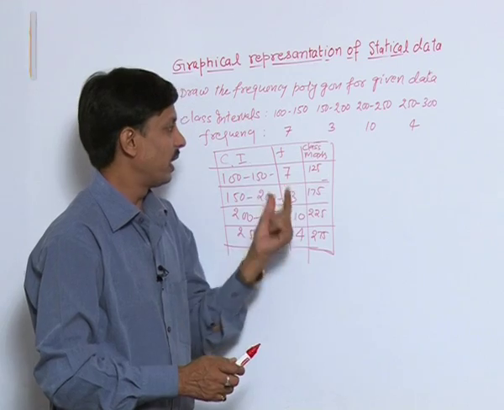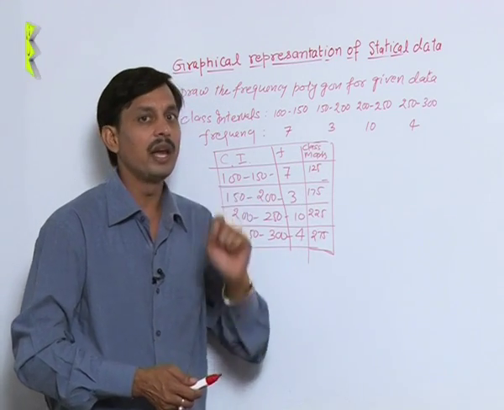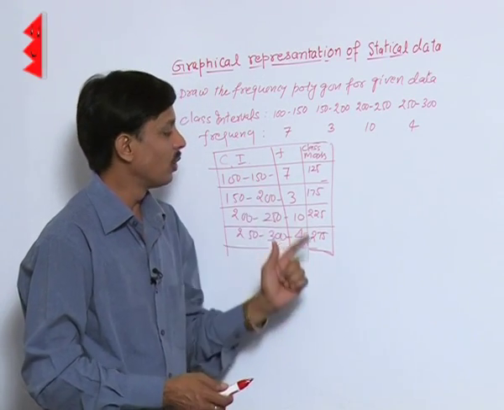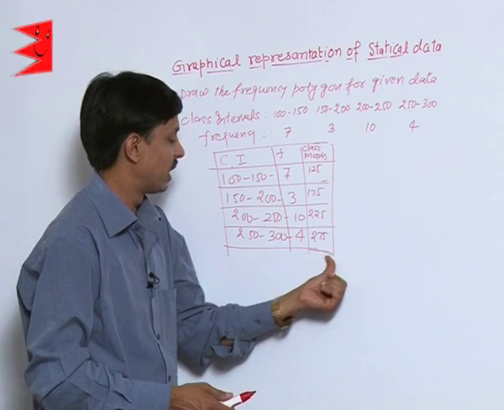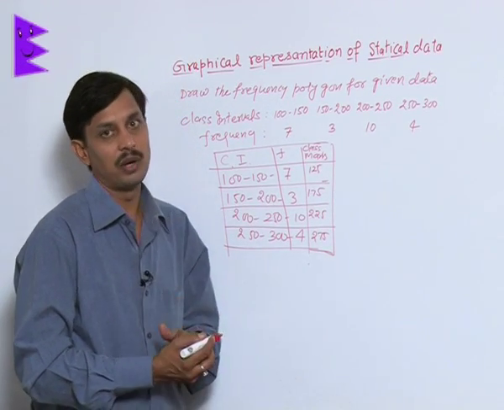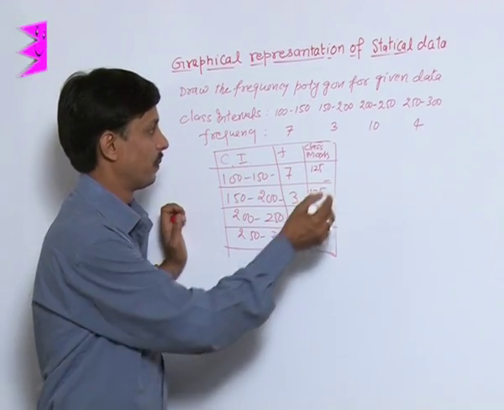To make the frequency polygon, sometimes we can use the histogram method also. I am explaining both how the histogram method is used and what the direct method is. First I want to tell you how I can draw with the help of a histogram.